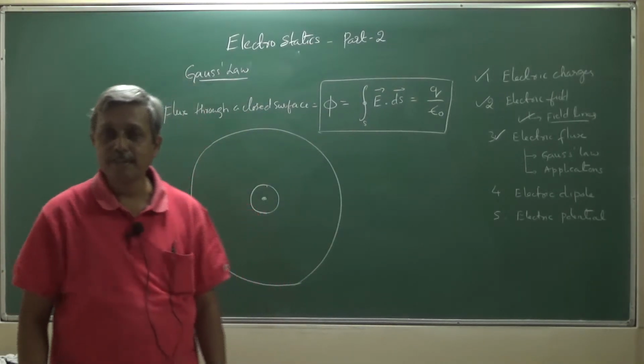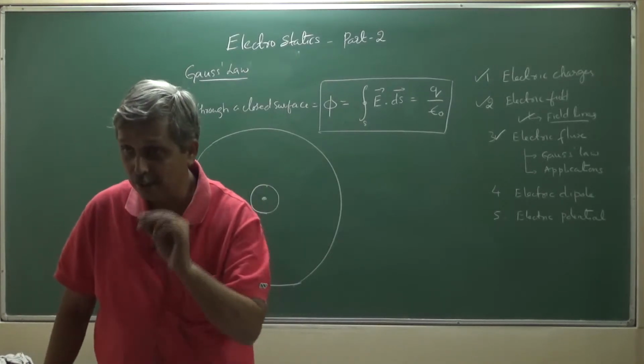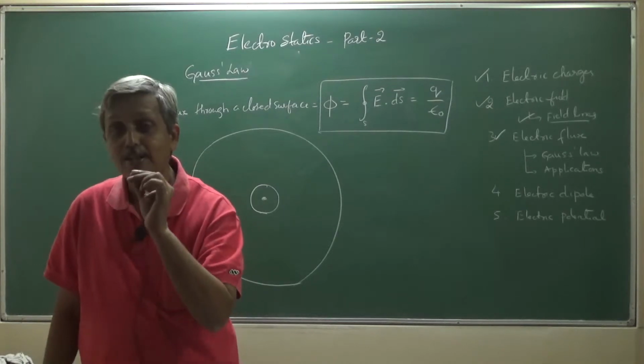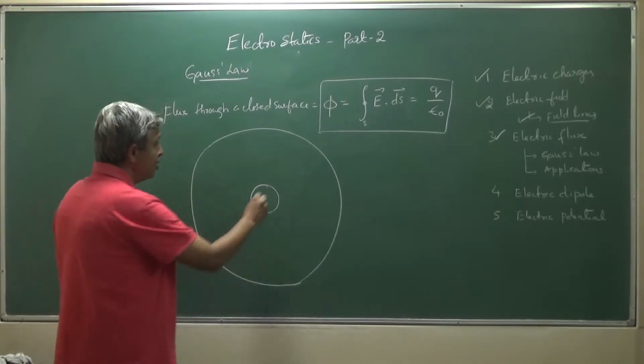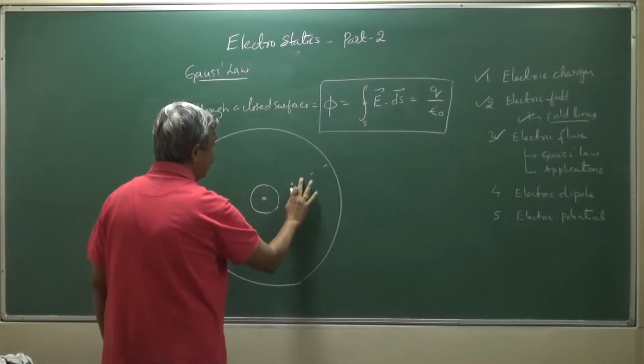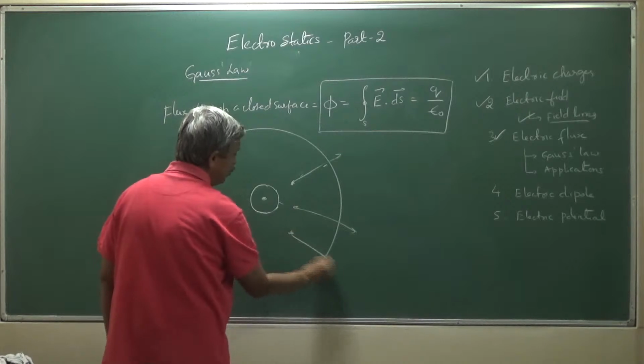When I blast it, what happens? This ball will become small pieces. And those pieces will all fly away. One piece will go like this, another like this.